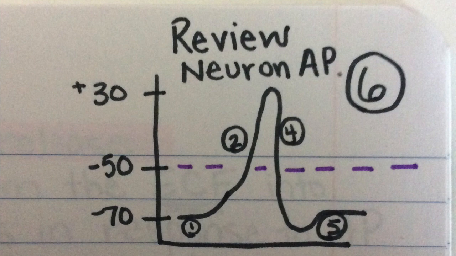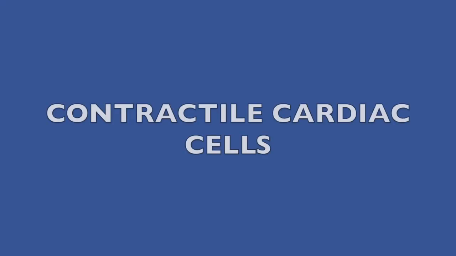When threshold is reached, more sodium channels open, allowing a rapid change of charge. When 30 millivolts have been reached in the neuron, potassium channels open, allowing potassium to rush out of the cell, bringing it back down to a negative membrane potential.